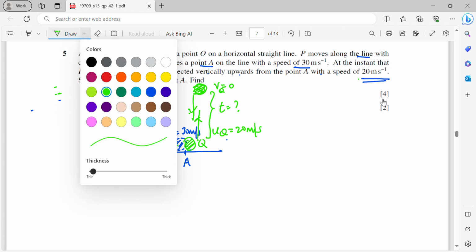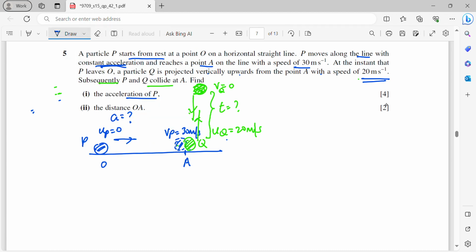So when Q reaches the highest position, the VQ will be 0. Then I need to find what the time is.